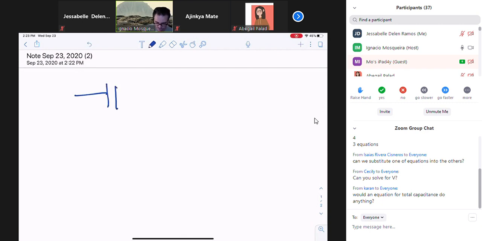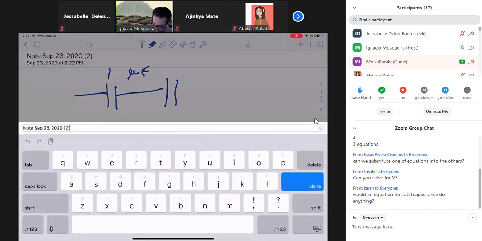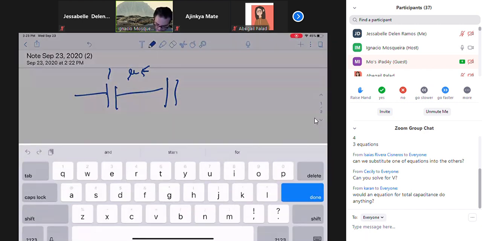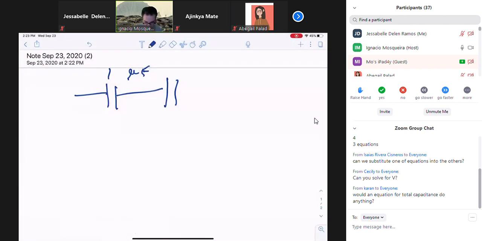So if I have 1 microfarad and I have 1 microfarad, 1 microfarad, then I want to know what is the equivalent capacitance of this thing, so I can replace it by just one capacitor. Since I already said what the rule is, just to make sure we're on the same page, what is the equivalent capacitance?